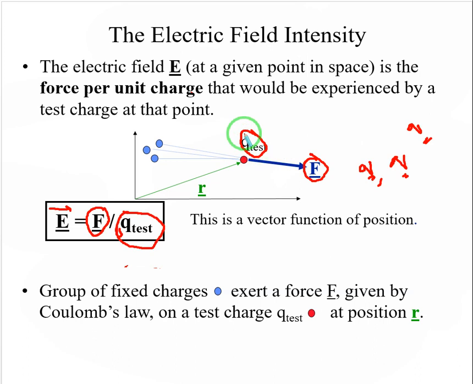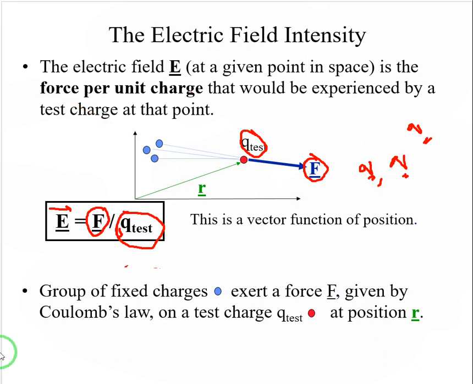This is a vector function of position. The test charge experiences the force because of the distance between two charges, which we will see later in Coulomb's law, where R is the distance between the two charges.